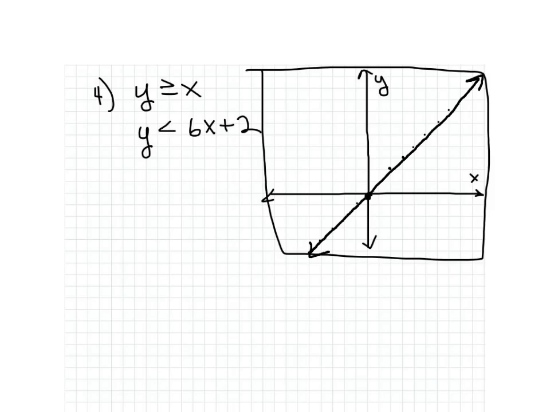Okay, y is less than 6x plus 2. So this one has a point at 2 on the y-axis, and the slope is 6. Up 6, over 1. And it's going to be a broken line.